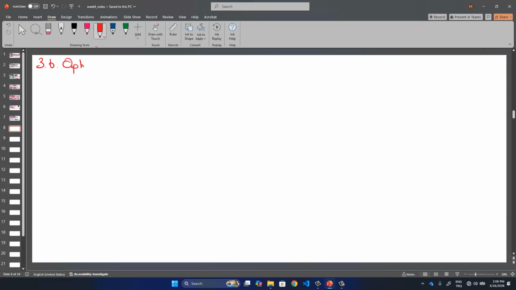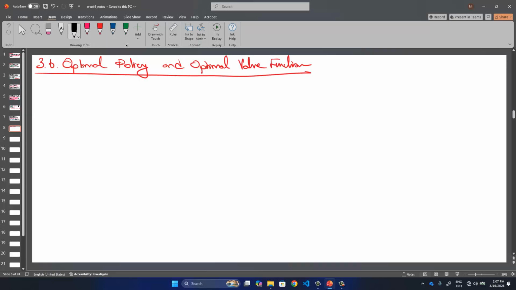Optimal policy and optimal value function. First of all, solving RL. What does solving an RL problem mean?